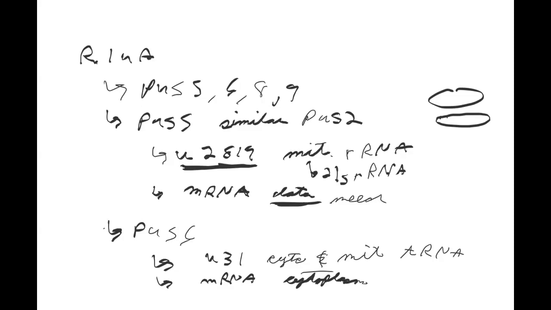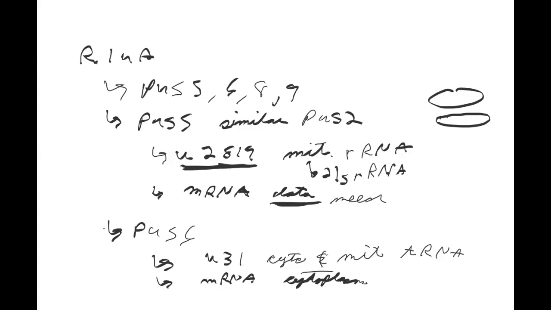And it also seems to be working on the RNA as well. Now, again, keep in mind, when uridine is being converted to pseudouridine post-transcription, this is to stabilize the molecule.